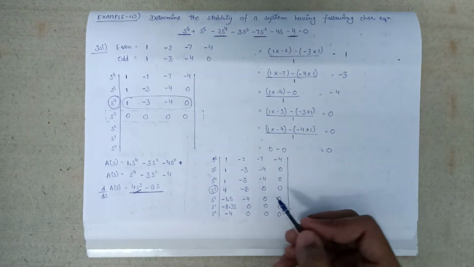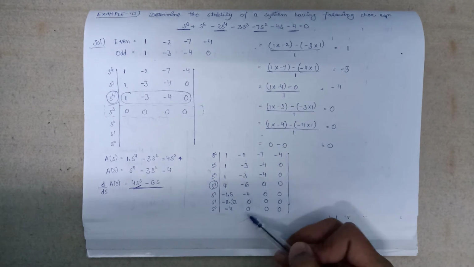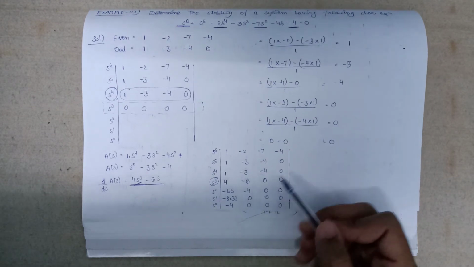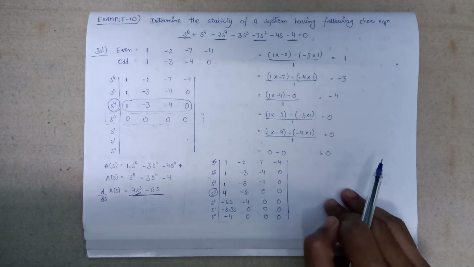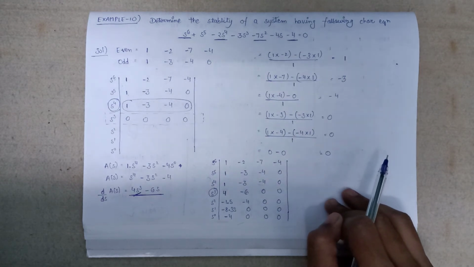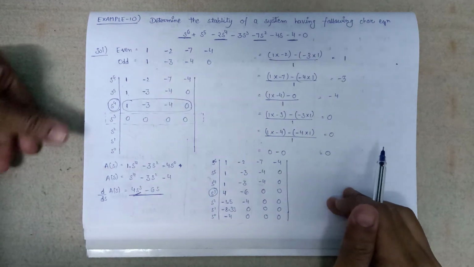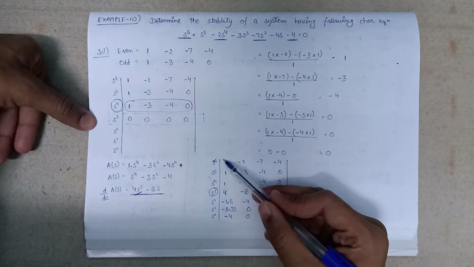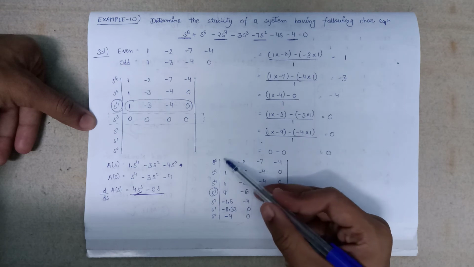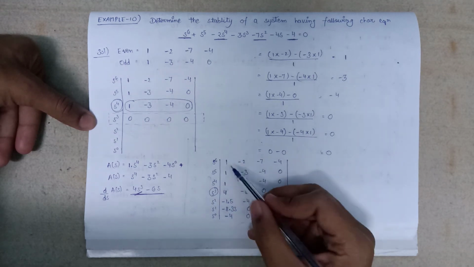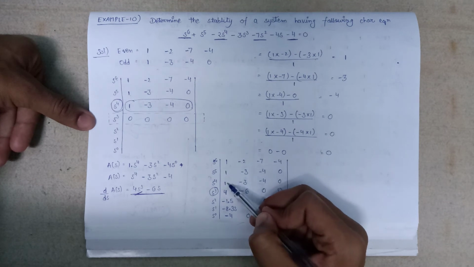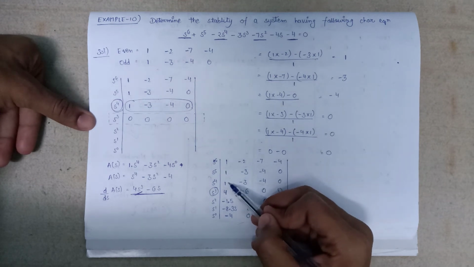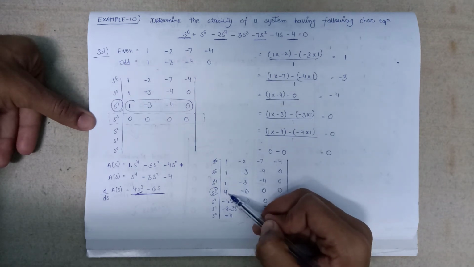The formation of the Routh array is now complete, and we need to check whether our system is stable or not. For checking the stability, we first count the number of sign changes in the first column of the Routh array. 1 is positive, 1 is positive, so no sign change. 1 positive, 1 positive, no sign change. 1 positive, 4 positive, no sign change.